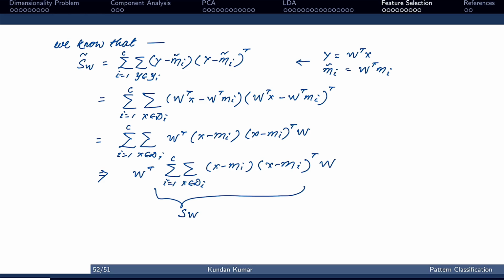So we can write S_W tilde equal to W transpose S_W W. Fine.